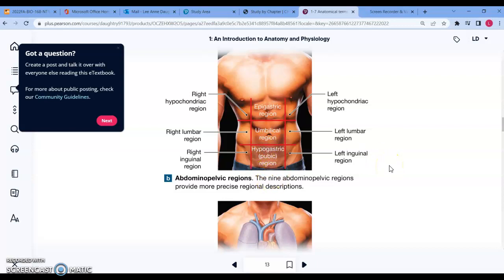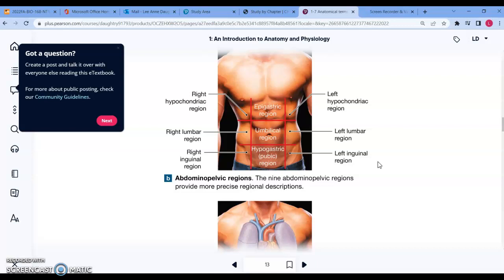Now we can't use some of the directional terms like anterior and posterior because these regions all would be anterior. One is not going to be more anterior than the other. They're being shown on the front side of the body, or the anterior side of the body. We can't use proximal and distal because they're not in relation to a major joint.